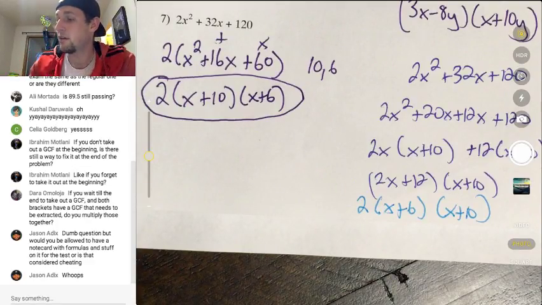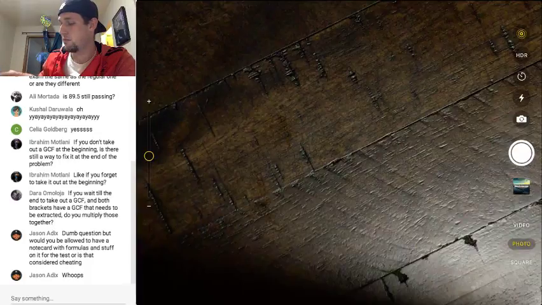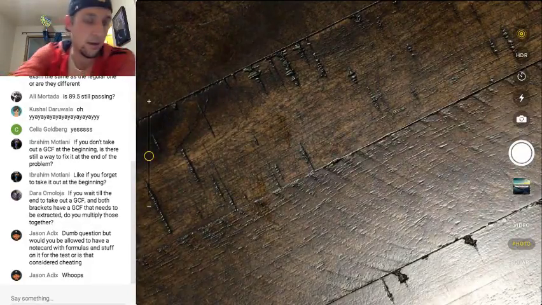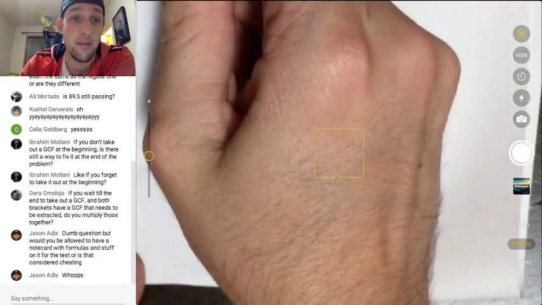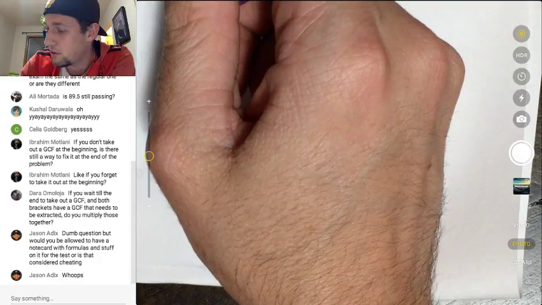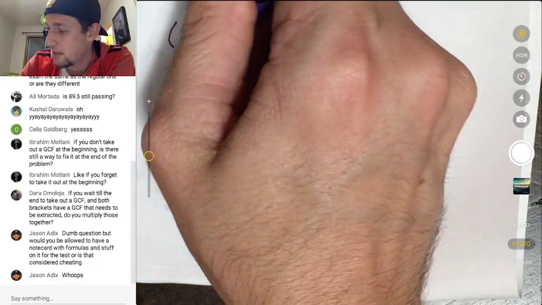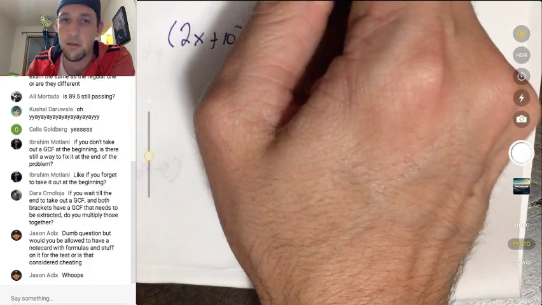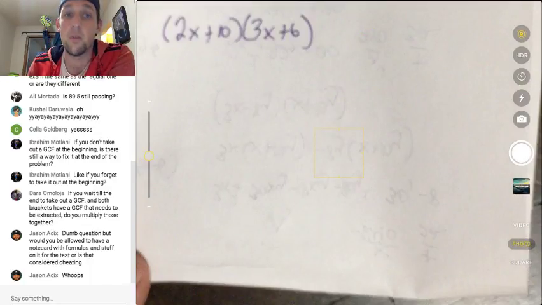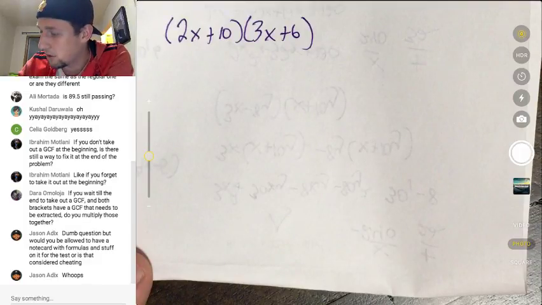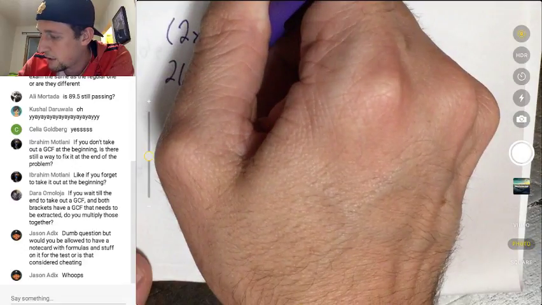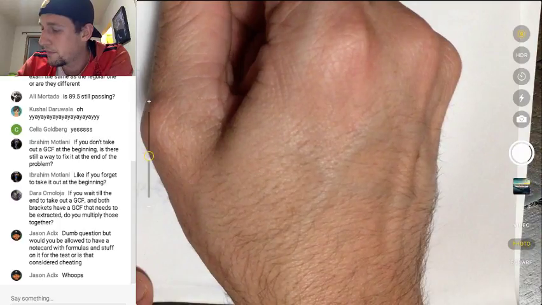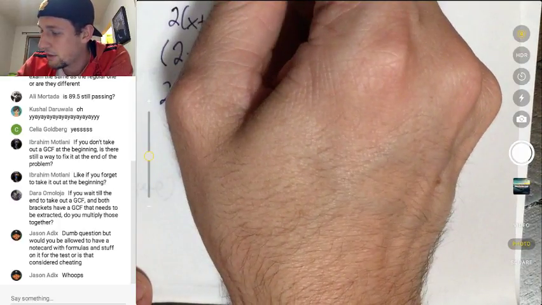So if we had some weird situation where we had an answer at the end of maybe 2x plus 10 times 3x plus 6, we would take out a GCF of 2 from the first one and turn it into x plus 5, and a GCF of 3, and we turn that into x plus 2.